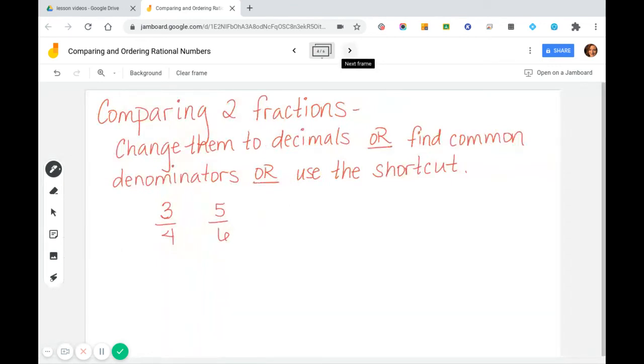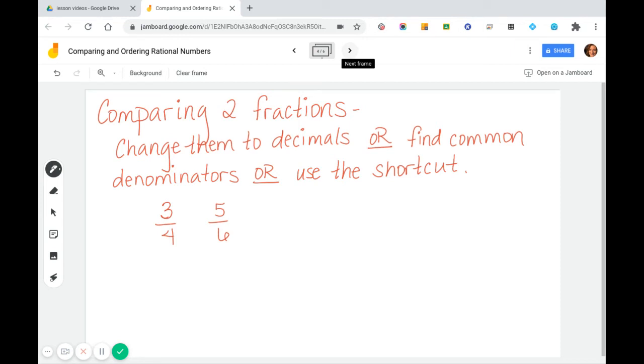If you're comparing two fractions, there's a couple ways you can do these. You can change them to decimals, or you can find common denominators, or there's a shortcut. I'm going to show you all 3 ways. They all work perfectly fine. You use the way that makes the most sense to you. So the first option is to make them decimals.